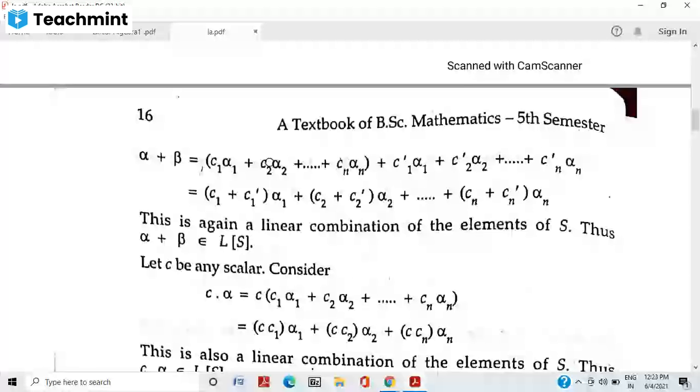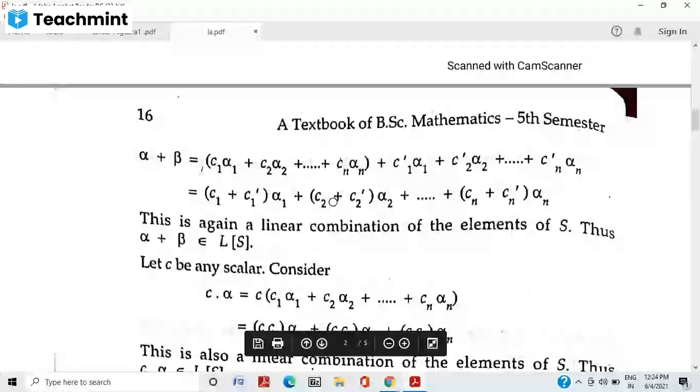Similarly, C2 plus C2 dash times alpha 2, etc. Last one, Cn plus Cn dash times alpha n. Again it is a linear combination of alpha 1, alpha 2, etc., alpha n. These are all elements of S. Then alpha plus beta is again a linear combination of the vectors in S, or we can say alpha plus beta belongs to L of S.